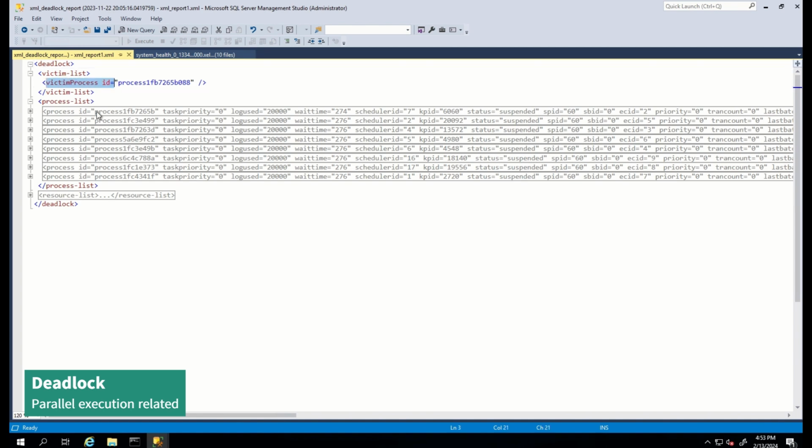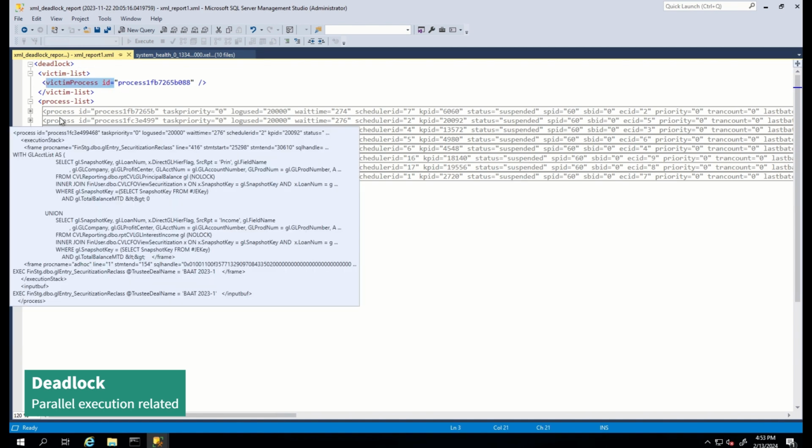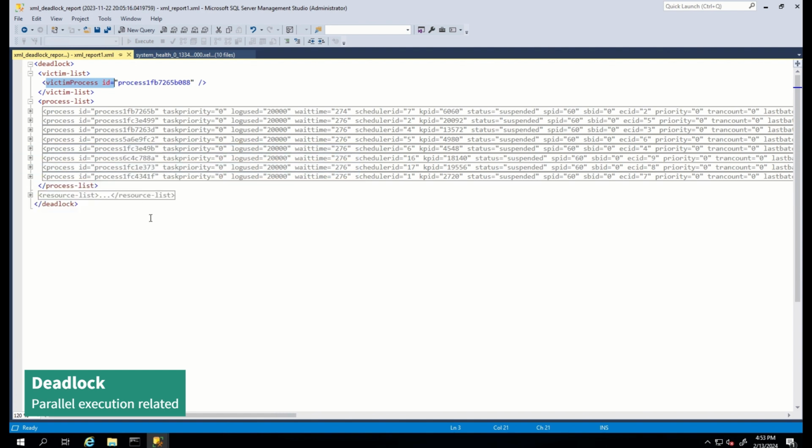This is a parallel worker's thread ID. First is the victim thread. The process here is 60. As you can see here, with the victim thread, overall 9 worker threads were working and we faced a deadlock here. In this case, as already discussed, you should consider decreasing max DOP.